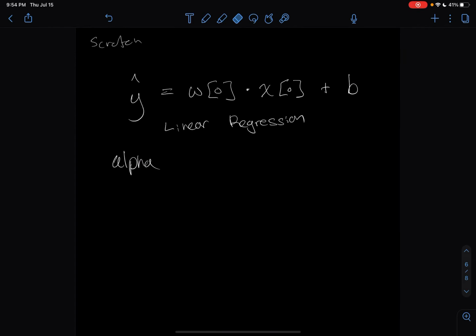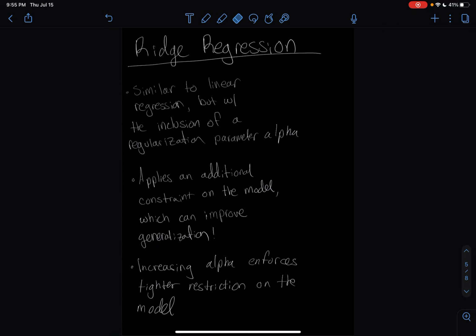I mentioned in the previous linear regression video that the metric used to calculate where your model performs best, mean squared error, does not actually have a place in this formula. That means that while it is used to calculate where your model performs best, it's not a part of the model. So we use this alpha parameter in ridge regression in order to change that.